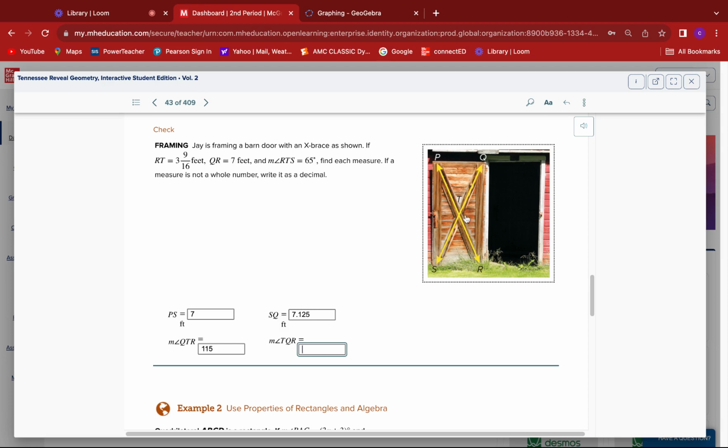Since I know that the obtuse angle is 115, the trick is take 180, subtract 115, and then divide that number by 2, because the other two angles add up to 180 when you combine with the 115. So I take 180, subtract 115, I get 65, divided by 2, and I get that Q and R are 32.5 each.